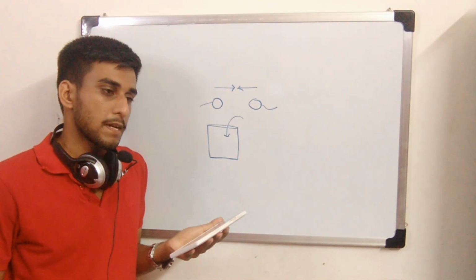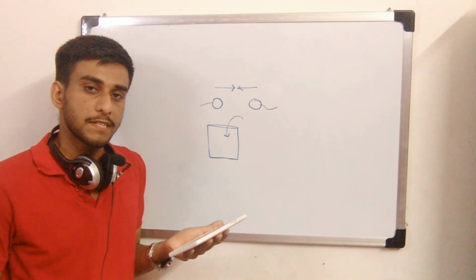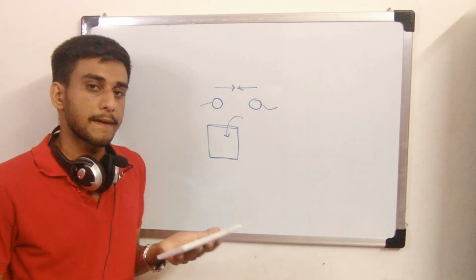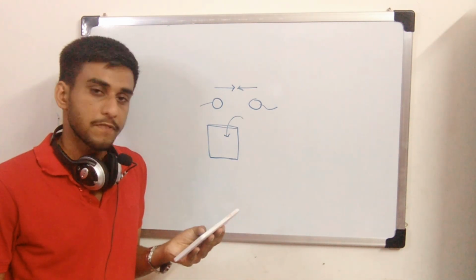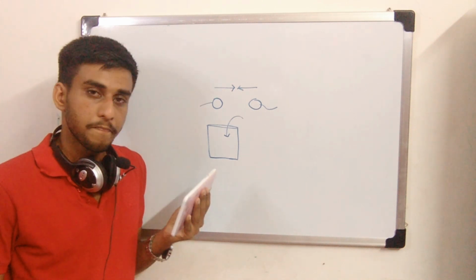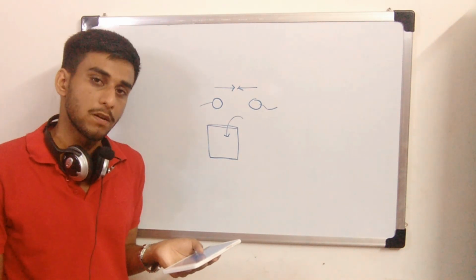Please don't get bothered about the phylum and kingdom because it is not necessary in this lecture or chapter, as we will be studying it later. We just need to study the classification of fungi, but I am saying that the cup fungi belong to phylum Ascomycota.